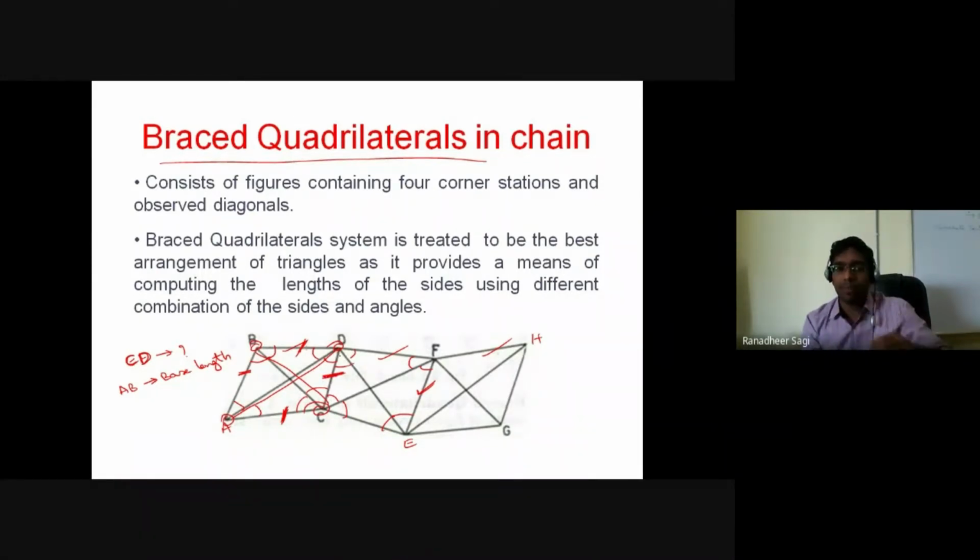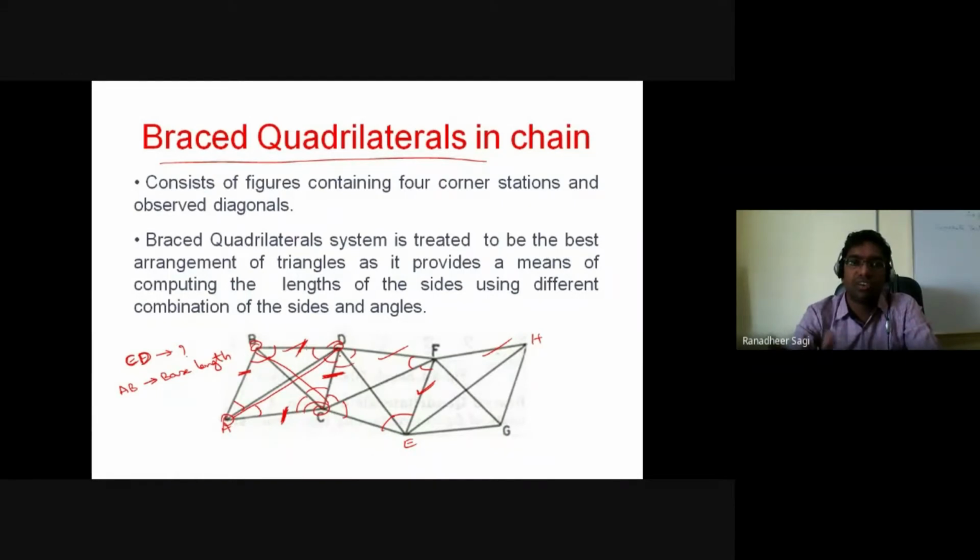So what has happened? I have got 2 different ways by which I am able to travel and subsequently find out the same unknown which I am looking at, the CD length. So I have got 2 possible ways by which I can move and accordingly calculate the length of the member CD. That's the advantage we have got with your braced quadrilateral system, or either your centered figure system.